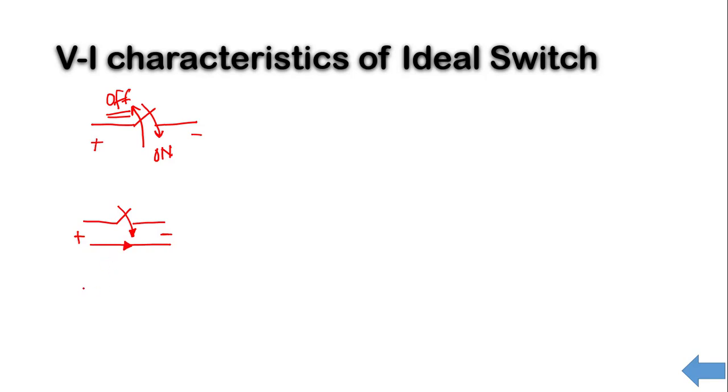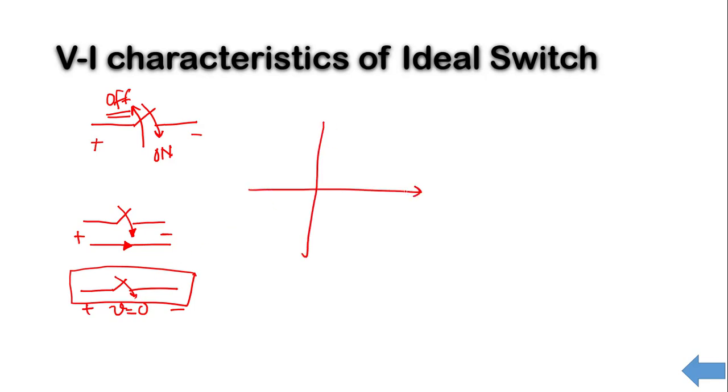So when it is open, it is blocking the voltage, means some voltage is coming across it. But once you turn it on, the voltage across it becomes zero, because it will behave like a short circuit now.